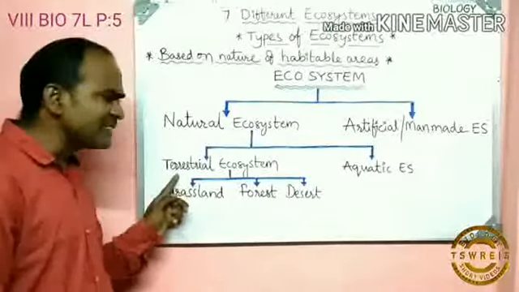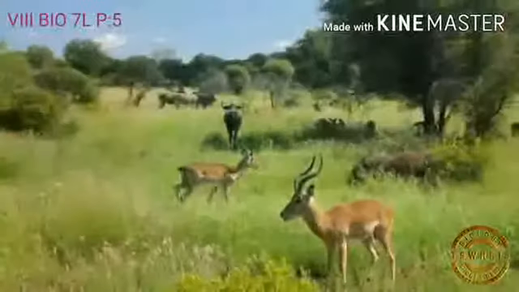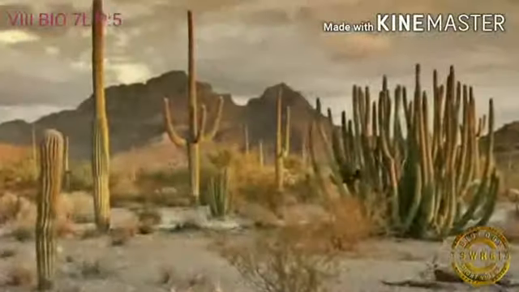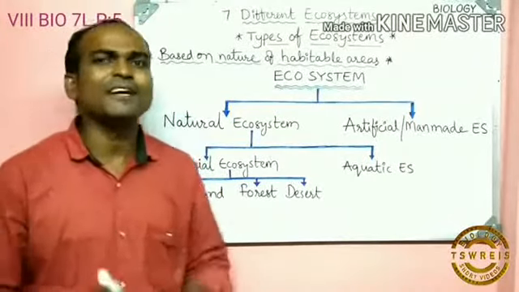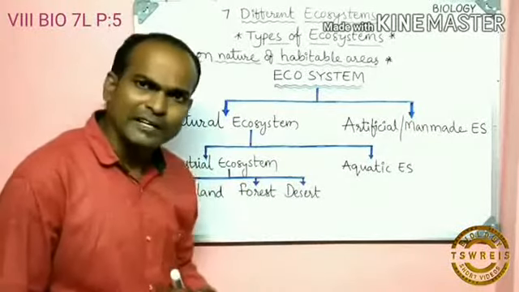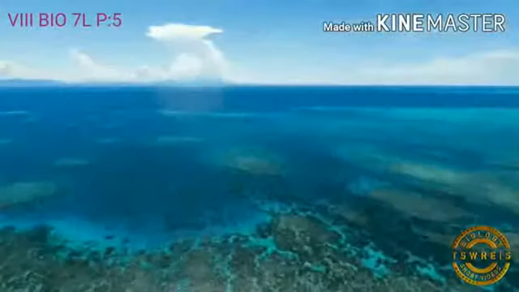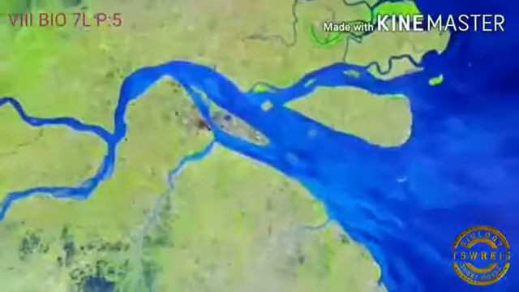Again, the terrestrial ecosystem is classified into different ecosystems like grassland ecosystem, forest ecosystem and desert ecosystem, based on the climatic conditions and the temperature. The aquatic ecosystem is also classified into different kinds like marine water ecosystem, freshwater ecosystem and estuaries.